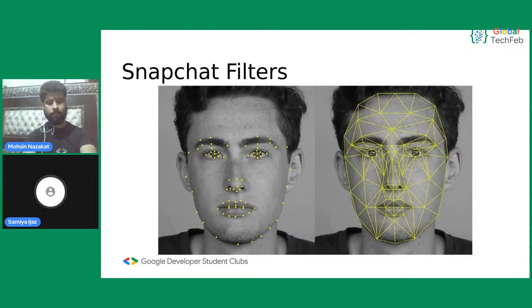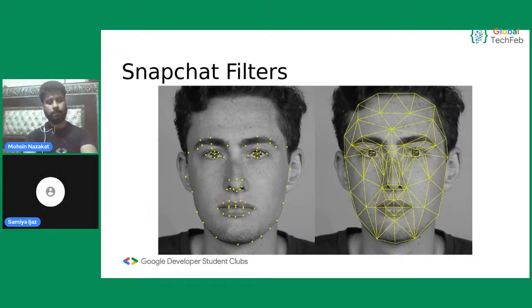Recently, Snapchat has also launched SnapML. It's a specific platform, a specific tool that uses machine learning algorithms to create lenses, which are actually the filters. So the filters we are using on Snapchat are all about machine learning.